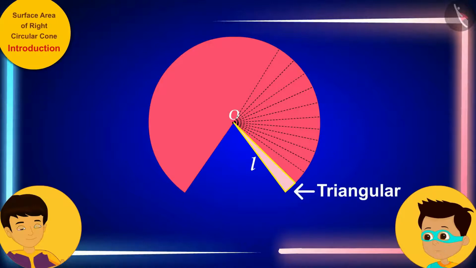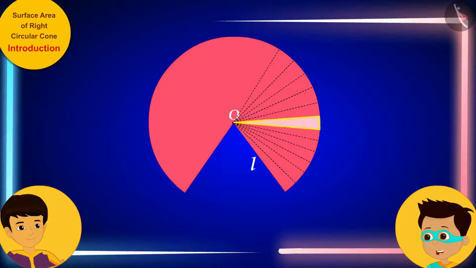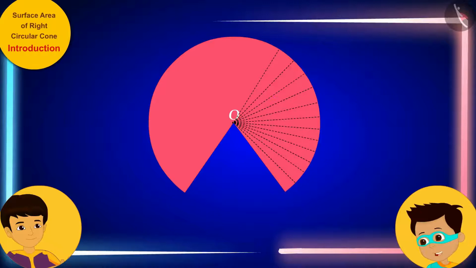And the interesting thing is that the height of each of these is equal to the slant height L of the cone. Look, Manas, each piece is in the shape of a triangle.